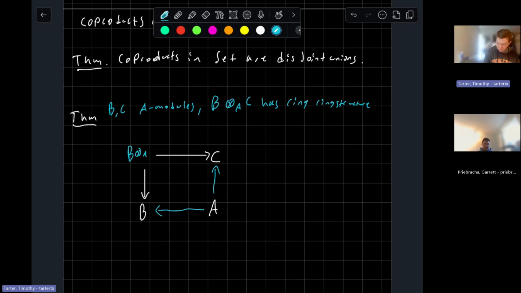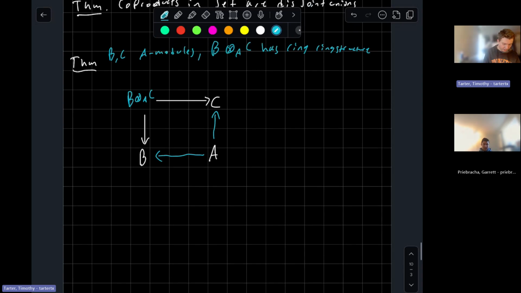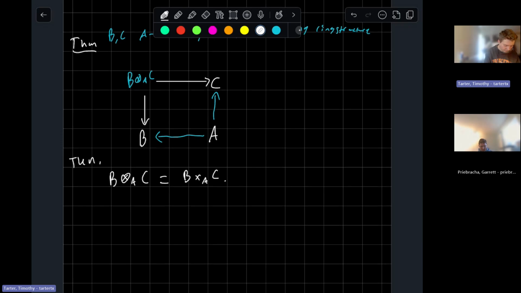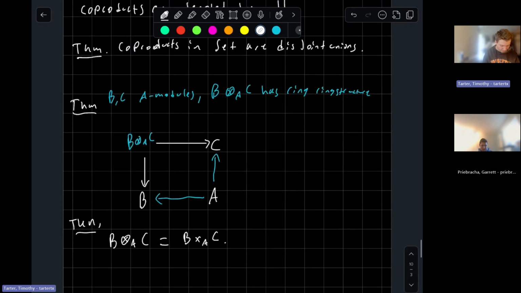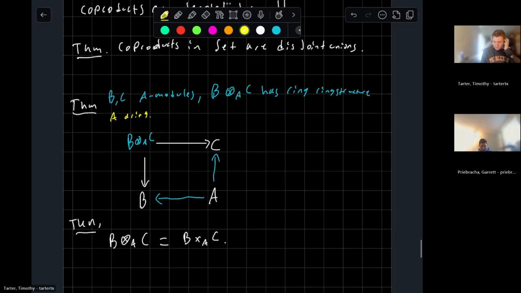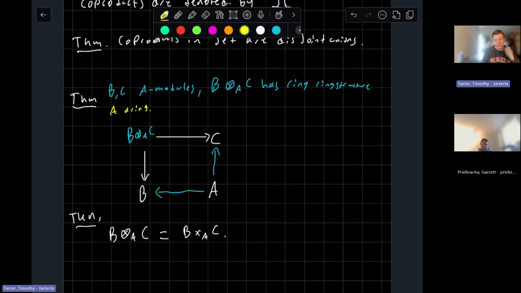Then B tensor product over A of C is the fibered coproduct through A.